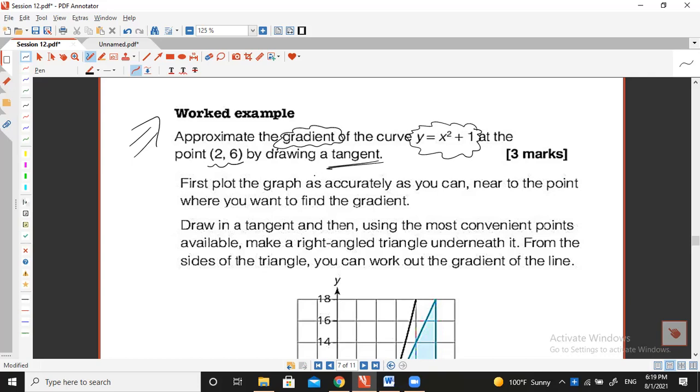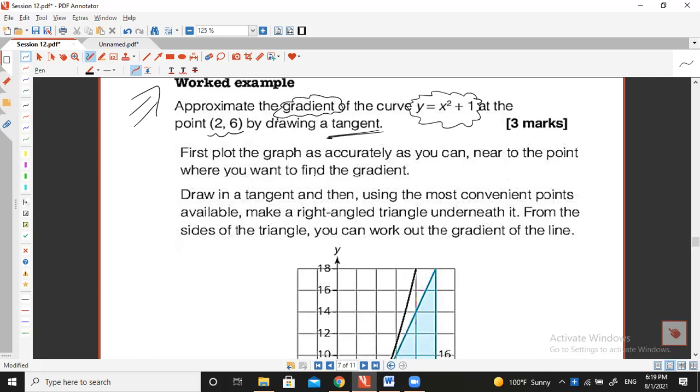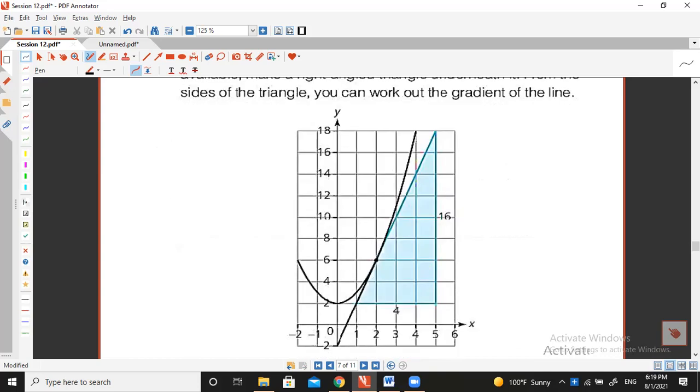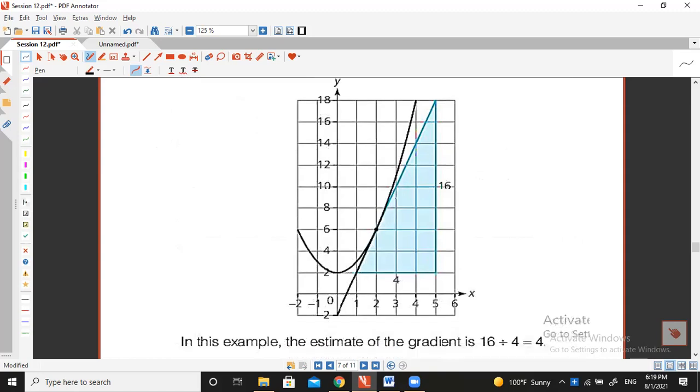All you need to do is draw the curve. Here we go, this is the curve. Then you need to draw a tangent at point (2, 6).